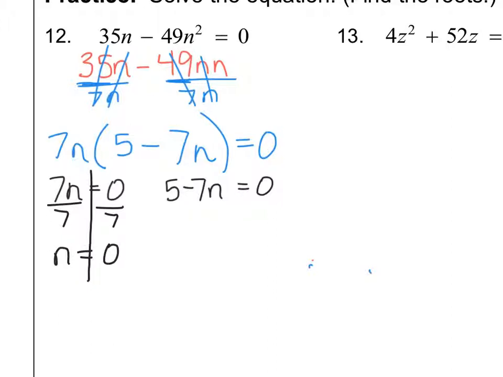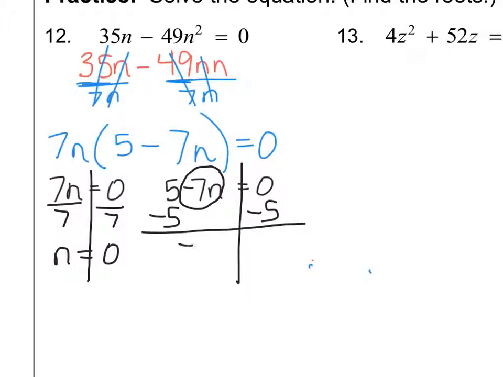That one was easy. Now on the other one, I know I'm solving for n, so I'm going to go ahead and circle my n term. That means the n term is what stays over here, so I need to zero out this 5. So I'm going to say minus 5 on both sides. That leaves me with negative 7n equals negative 5.